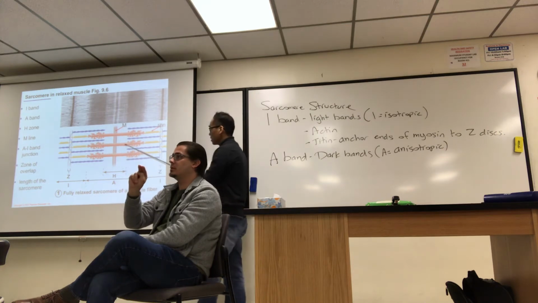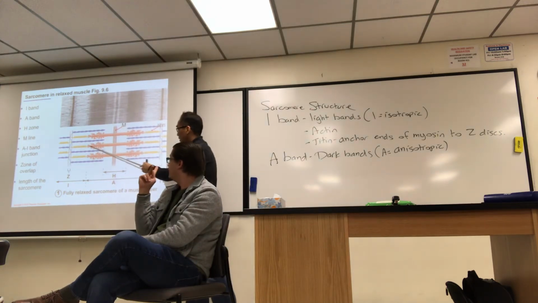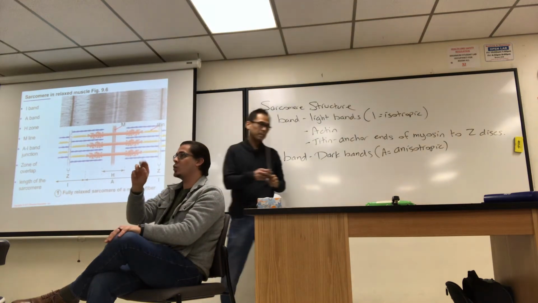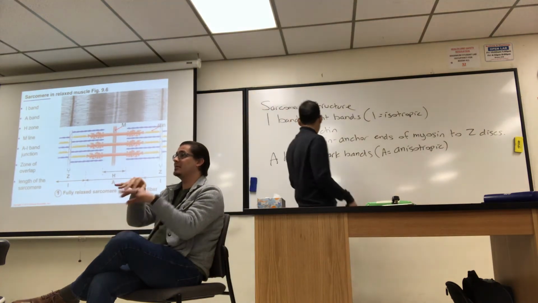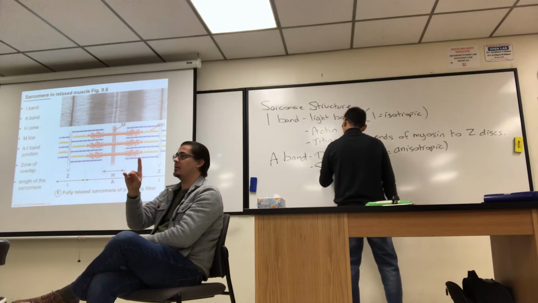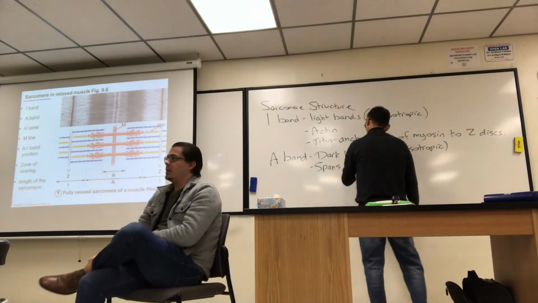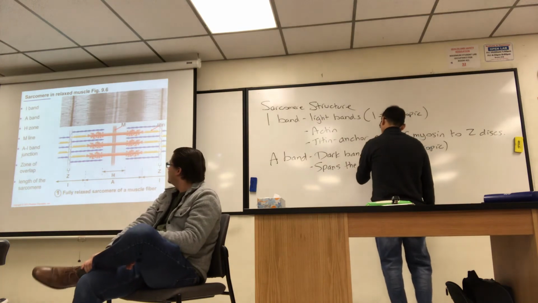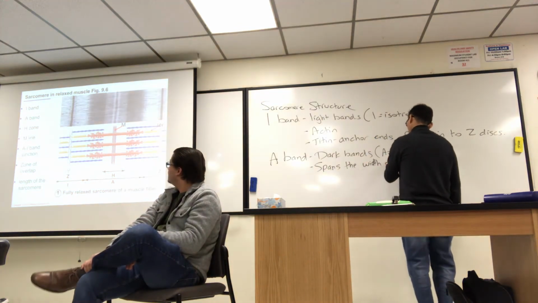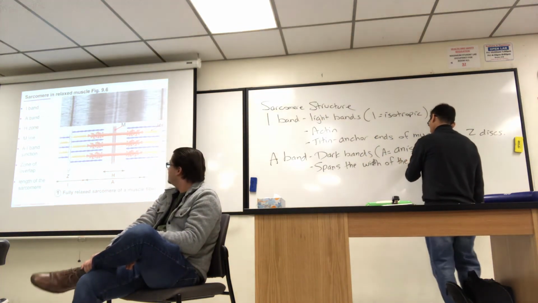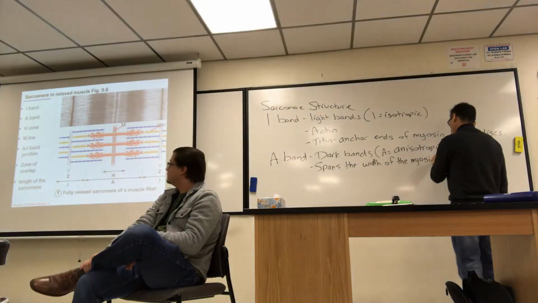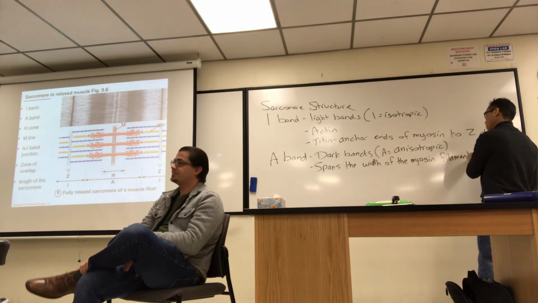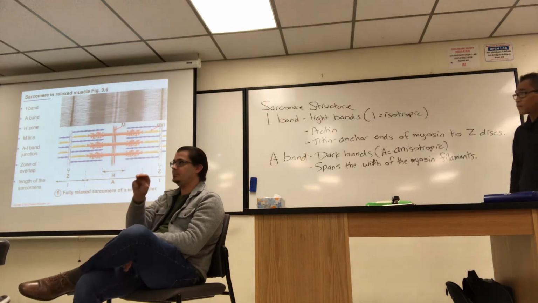What you see in the A band basically spans the width of the myosin filaments. That's the definition of A band. Again, the myosin are the thick filaments.